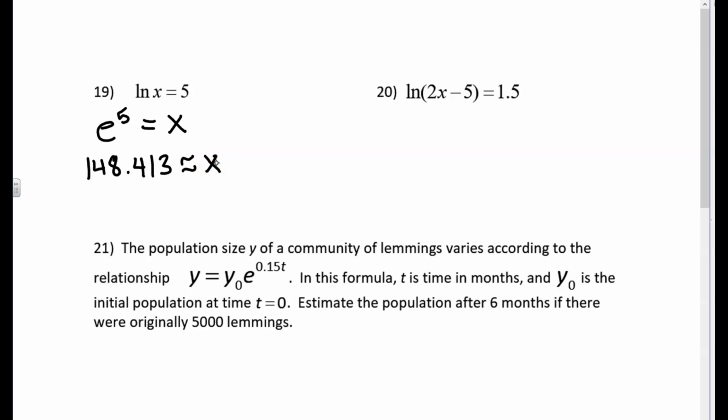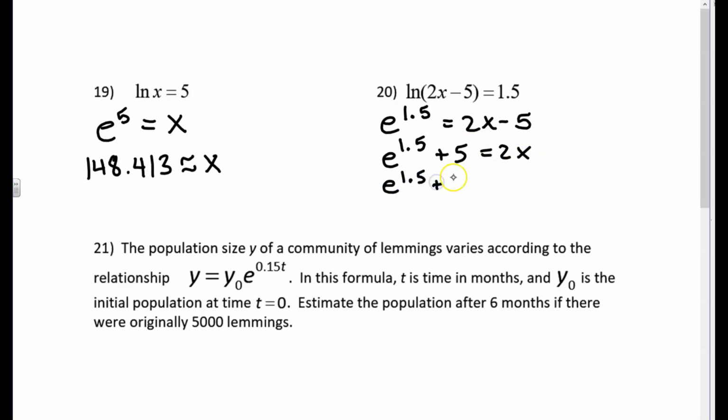And again, here it's easier to switch into exponential form at this point. So I get e to the 1.5 equals 2x minus 5. Add the 5 over. E to the 1.5 plus 5 equals 2x. Divide by 2. E to the 1.5 plus 5 all over 2 equals x. I'm going to hop into my calculator and plug that in.